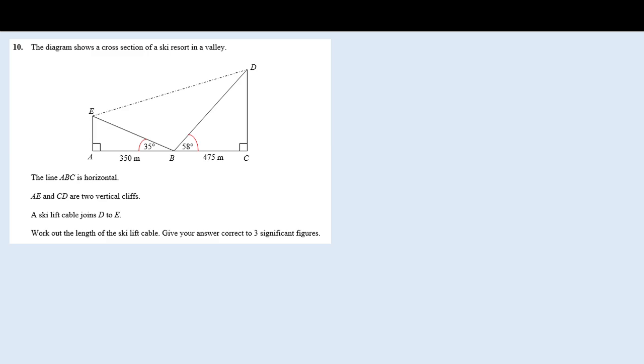Or what bits of information can I fill in that I don't currently have? So, what I want you to do with this problem, just for a moment, is to take a look at it. See what information you can fill in. See what bits of maths you think you might need to use within this problem. Okay, you might want to pause the video to give yourself time to think.